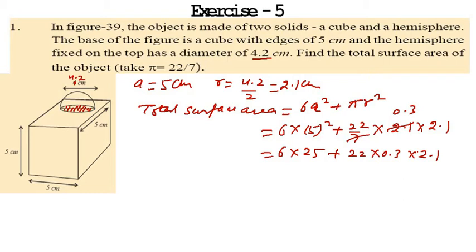Let us see what will happen in this. Six into 25, that is 150, and plus 22 into 0.3 into 2.1.